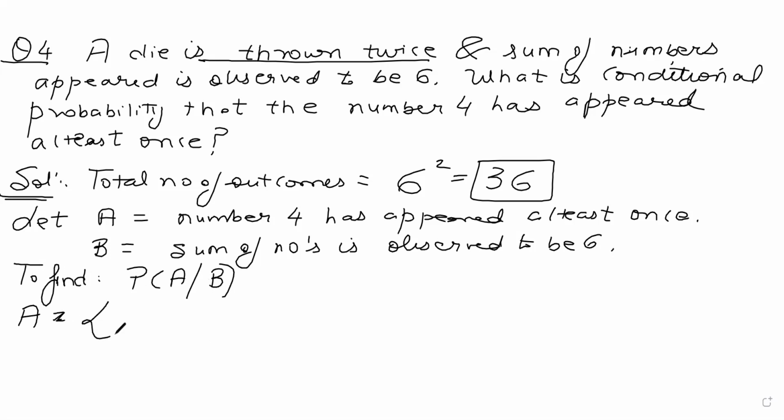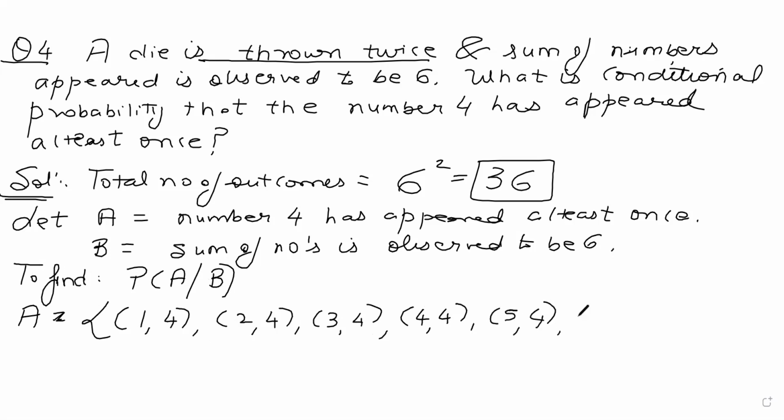So A is what? Number 4 has appeared at least once. So either I can have 1 4, 2 4, 3 4, 4 4, 5 4, 6 4, or I can have 4 1, 4 2, 4 3. Then we have 4 4, which is only one option in this case.